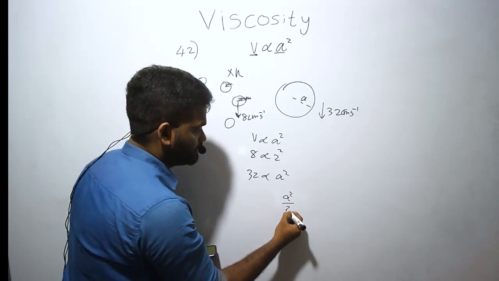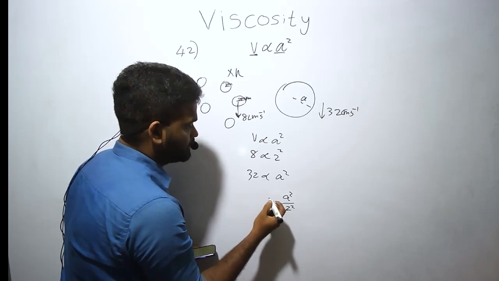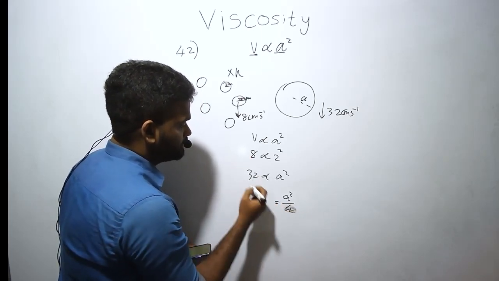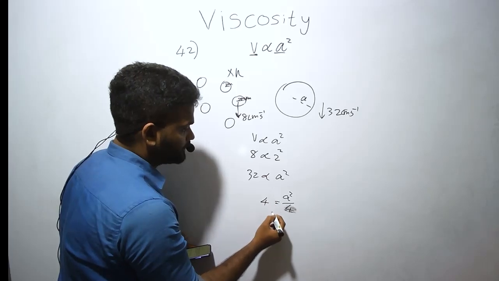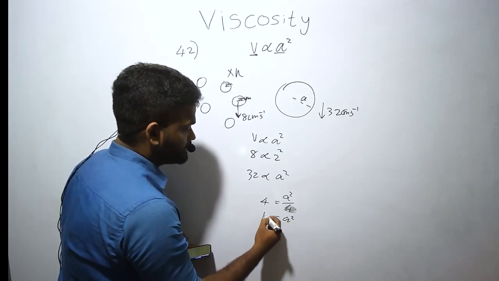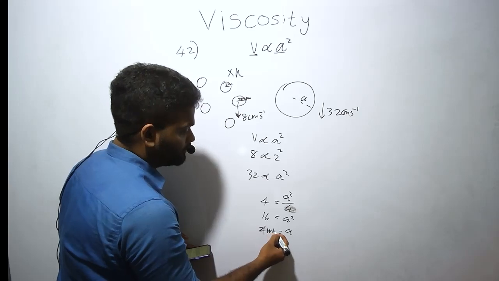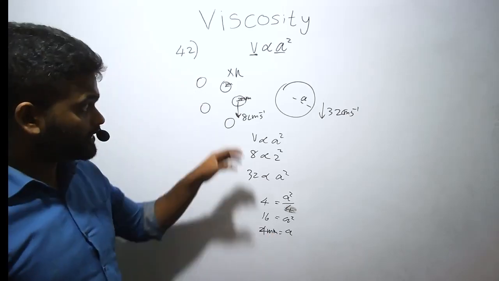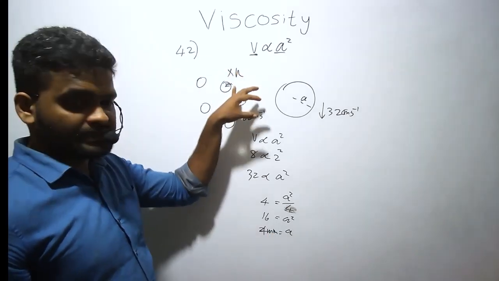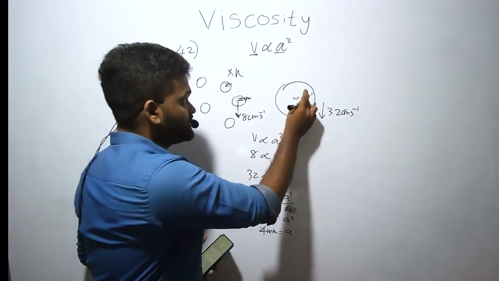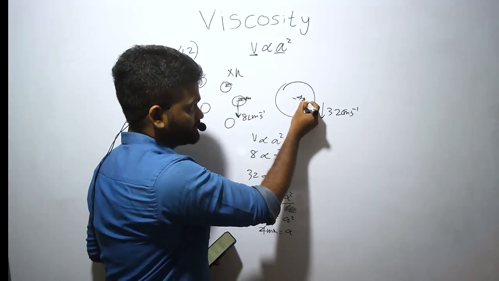A squared divided by 2 squared, which is 4, equals 32 divided by 8, that is 4. So A squared is 16, so A is 4 millimeters. So by collecting all these raindrops, you get a raindrop which has a radius of 4 millimeters.